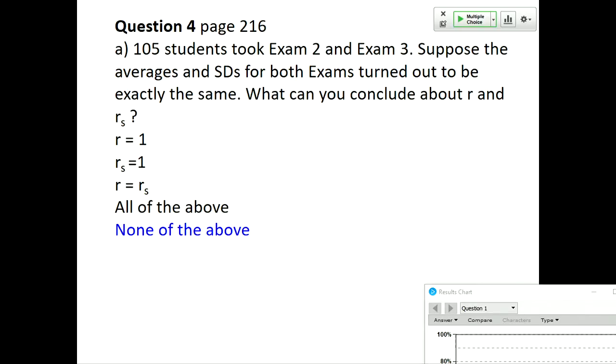Would you know what your final exam score was? You'd have no idea, right? That's what this is saying. It's saying the averages and standard deviations for both exams turned out to be the same. How does that tell you anything?